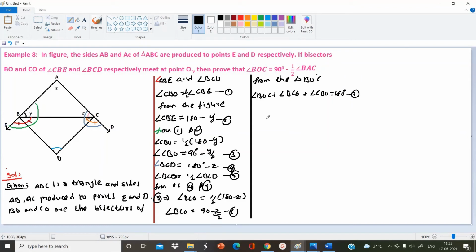Now BCO angle is here from equation 6, and CBO angle from equation 3, and we can substitute the values from equations 3 and 6.